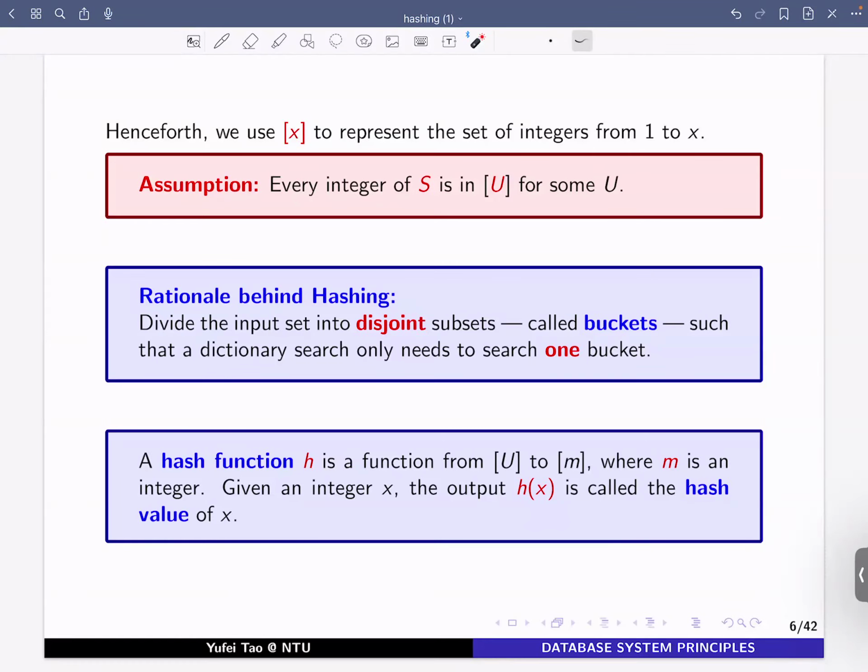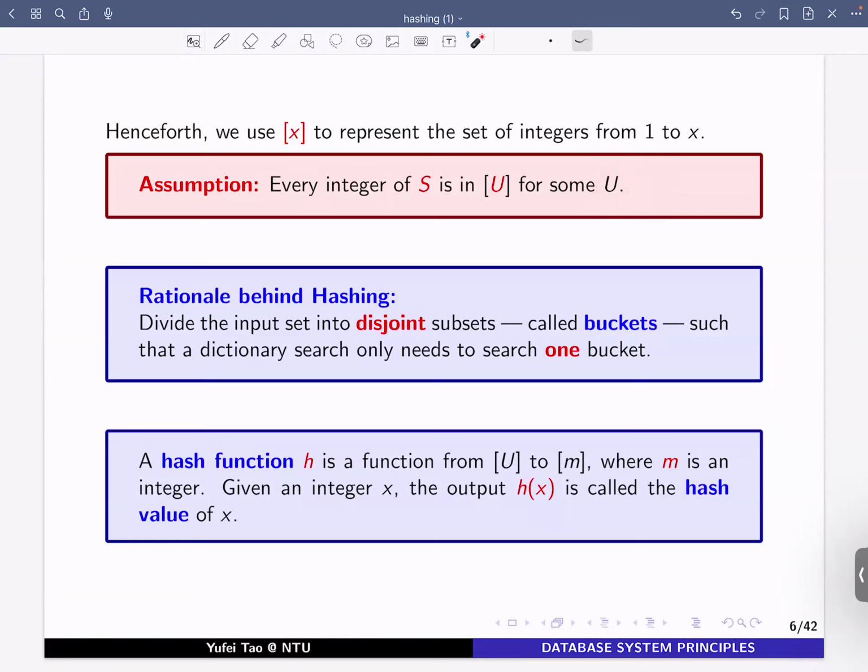To cut a long story short, it's a reasonable assumption to consider that every integer is from some finite range. This range is from 1 to u, and this value u is known in advance.